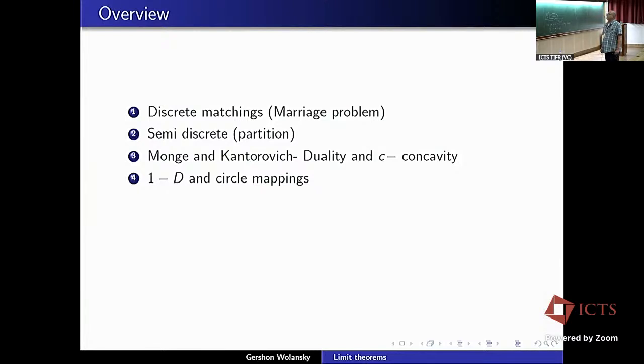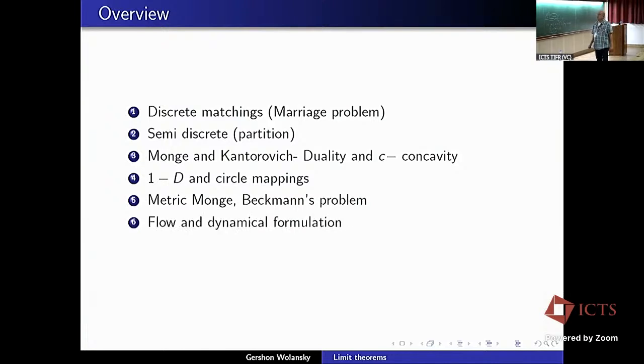Then I will discuss the one-dimensional problem and some nice application, which I like very much, for circle mappings. Then I will use this to discuss the metric Monge problem, again the problem with metric distance, and the Beckmann problem, which is related.